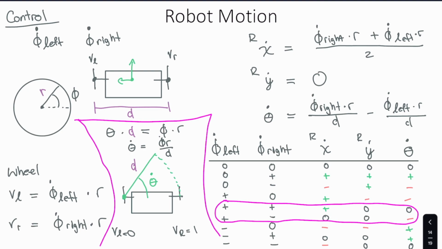And this is why I swapped the two right and left above, because typically it's nicer to say phi right subtract phi left. And for a little bit more symmetry, since these are both divided by d, we can group them together.